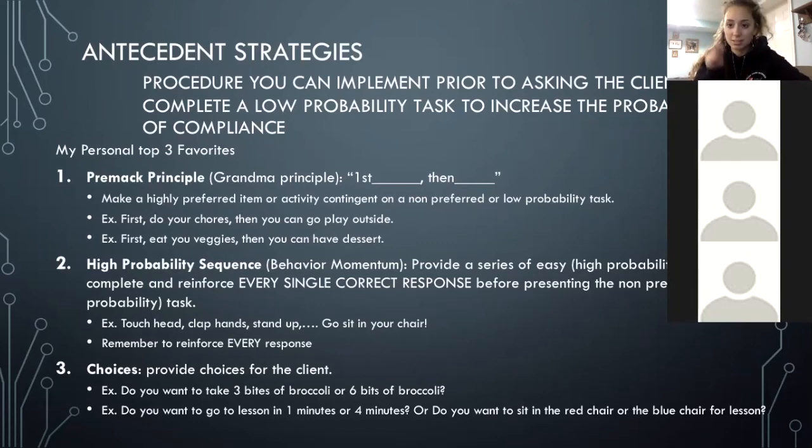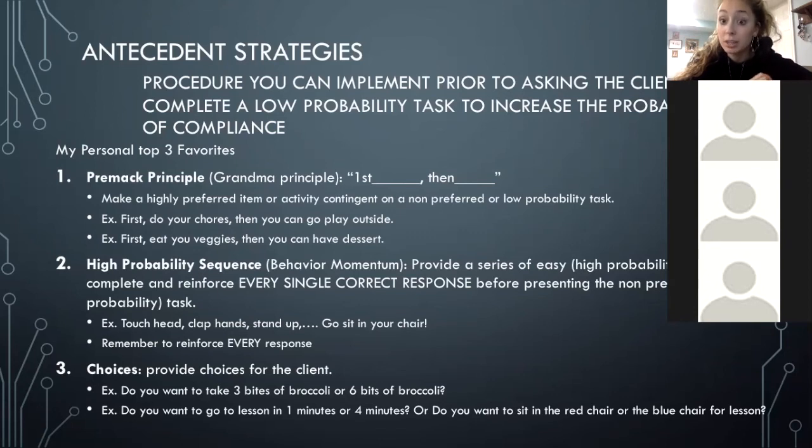First this, then that. So you're just creating a quick contingency. You are putting preferred activities contingent on that non-preferred task you're about to ask them to do.